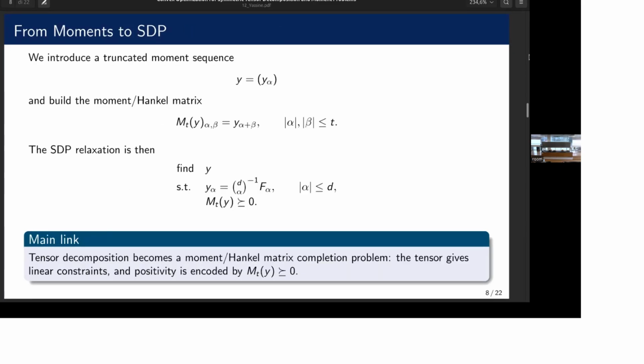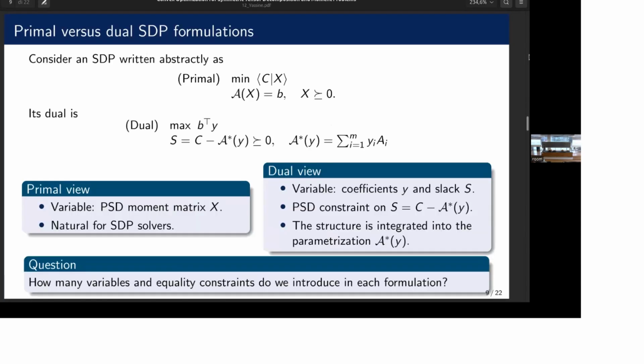For this, we introduce the truncated moment sequence y_alpha, and from this sequence we build the moment matrix. The SDP relaxation is finding this sequence such that some entries are given by the tensor coefficients, and also we have the constraints on the moment matrix that we already created.